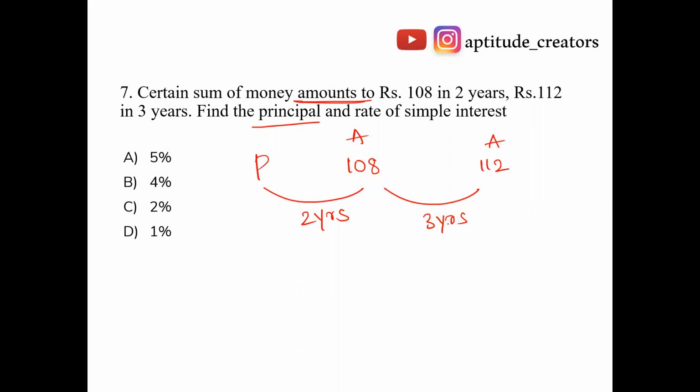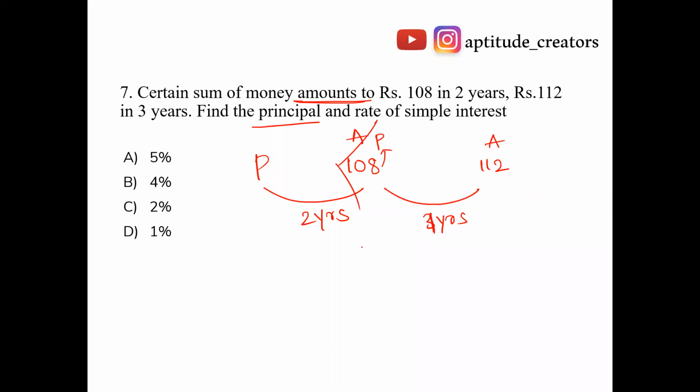Now, if you clearly observe, 108 becomes 112 in 1 year only. Agree? 1 year only. Now, what is the interest for 1 year? Let us assume in the second case this is the principal amount and this is the amount. In the second case, what interest can we expect? 108 becomes 112.